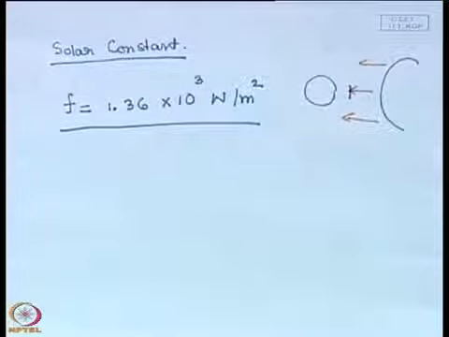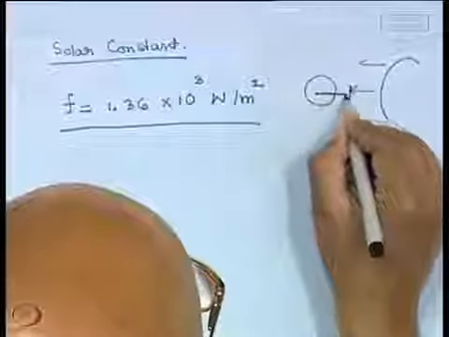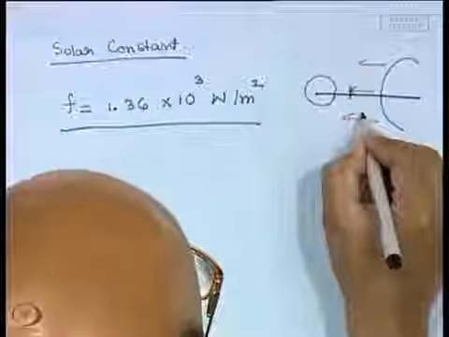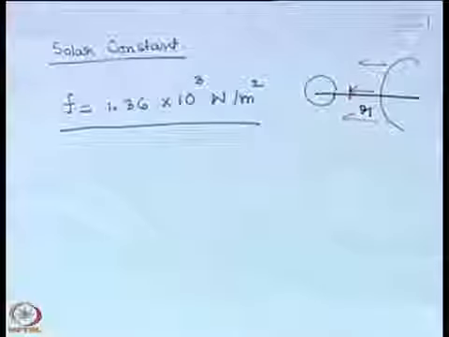Now, the distance between the earth and the Sun, let us call it r, is known from a variety of observations. We have not discussed it.